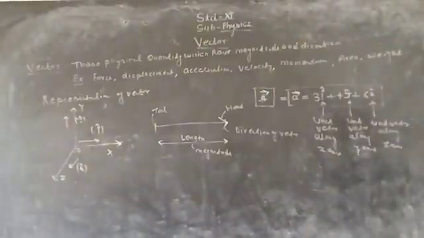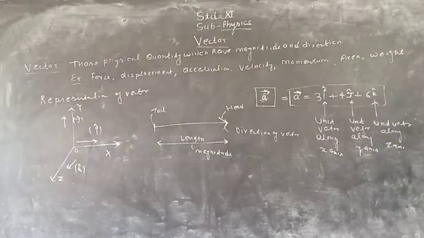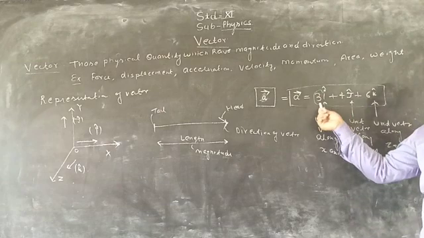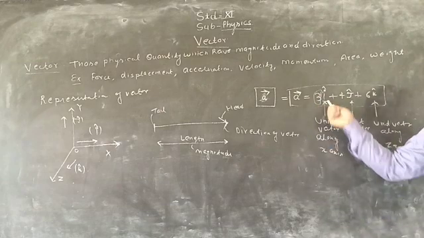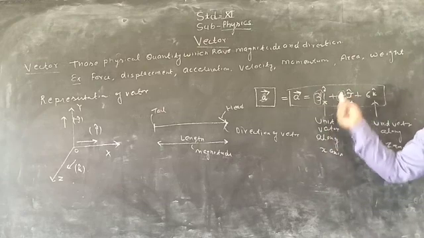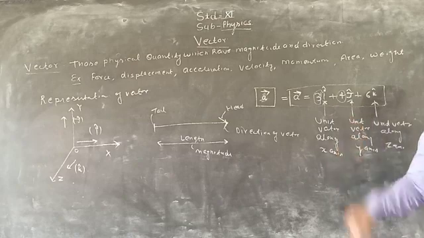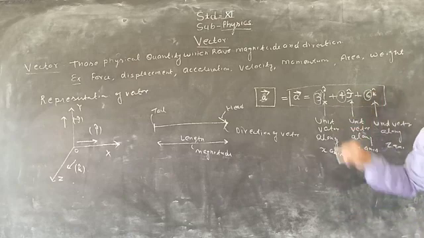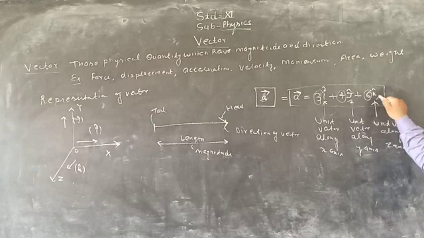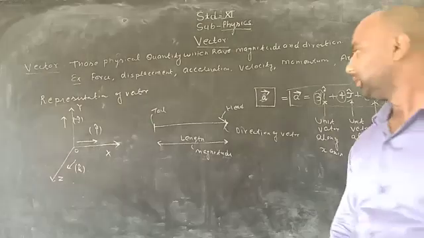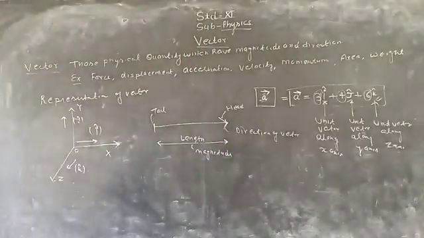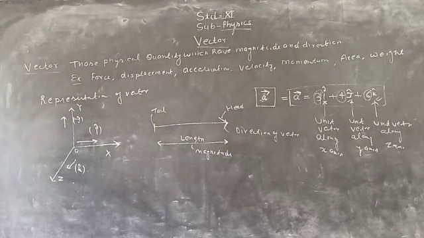These are the formats used to represent vectors. The magnitude of the vector is 3 units along the direction of x, 4 units along j cap on the y-axis, and 6 units along the direction of k cap.